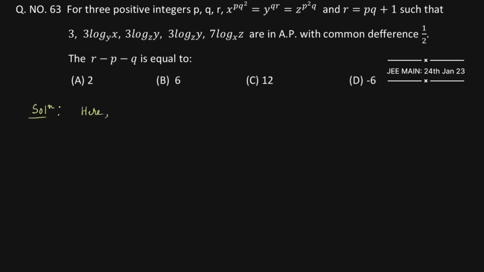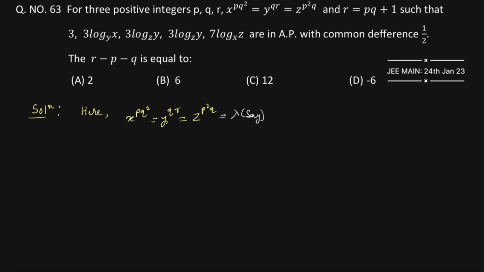So here, given that x to power pq square, which is equal to y to power qr, which is equal to z to power p square q, which we will take lambda.